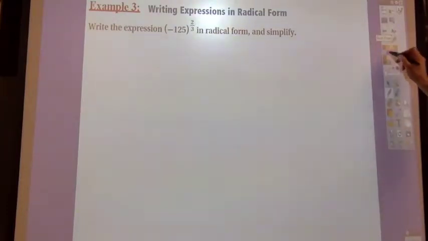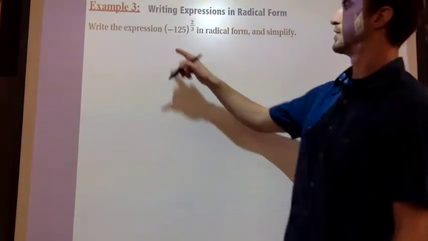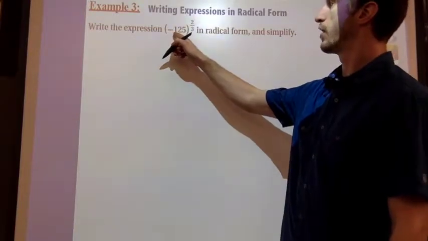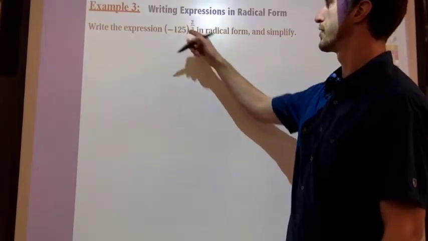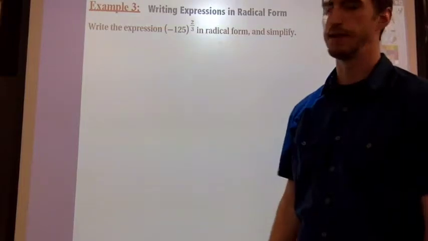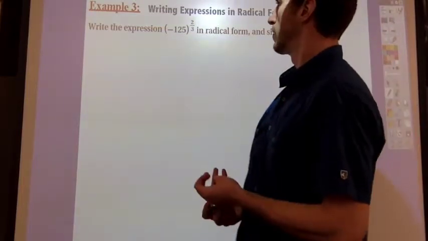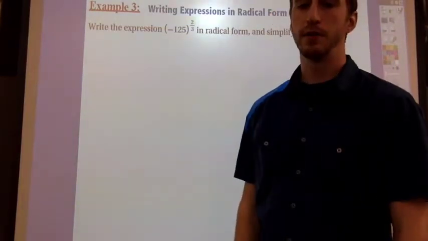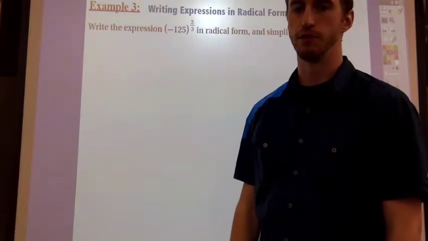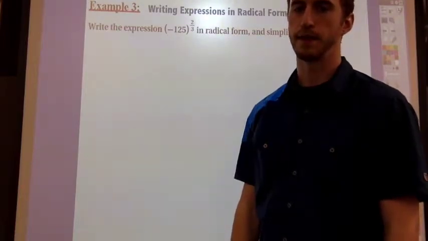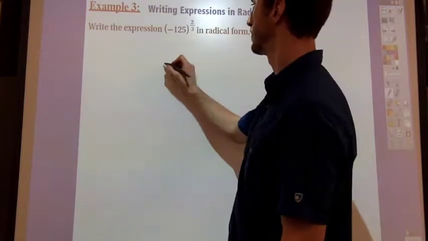So this is asking us to write the expression negative 125 raised to the 2/3 in radical form and then simplify. So if it's a big number, I always like to take the root first as opposed to the exponent first. So let's do that.